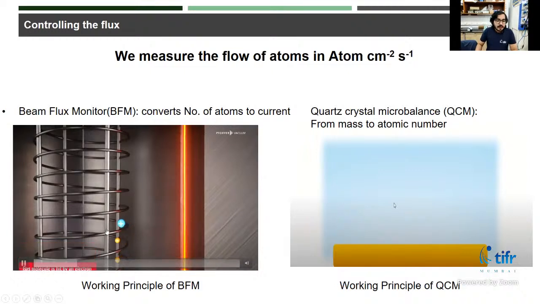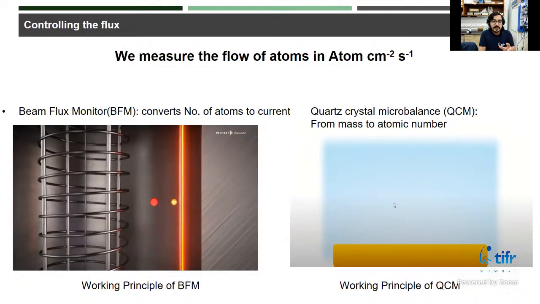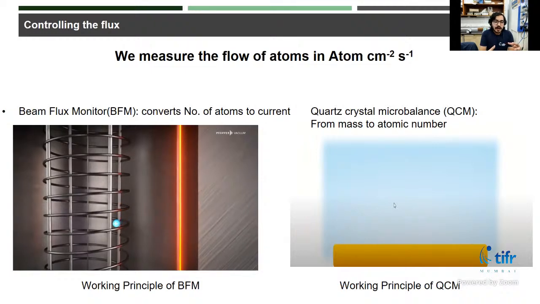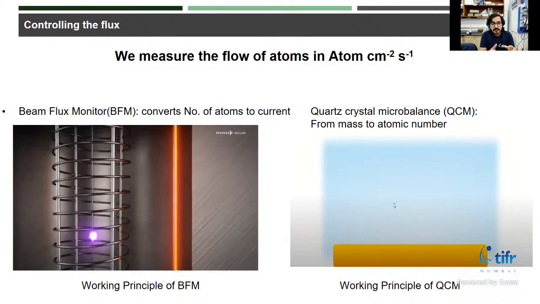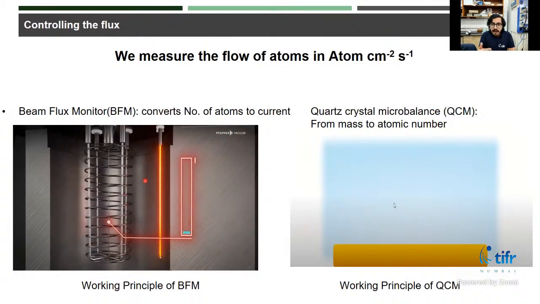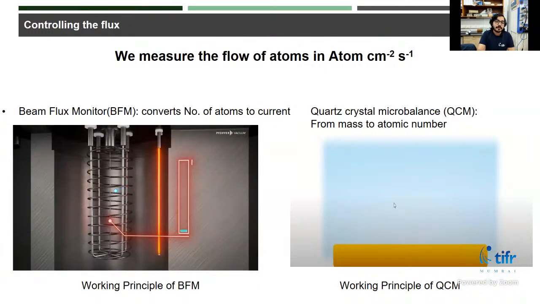Now this positively charged ion will be collected in the collector, and that will be converted to the collector current. Now by measuring the collector current, we can directly convert how many atoms are flowing through the beam flux monitor, and through that we can measure the flux in atoms per centimeter square per second, converted from the current in the collector.